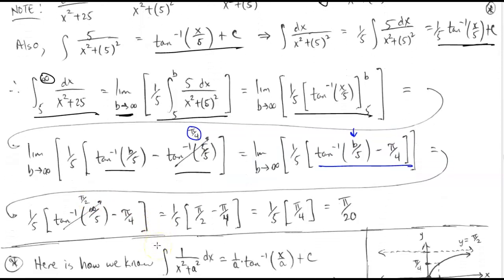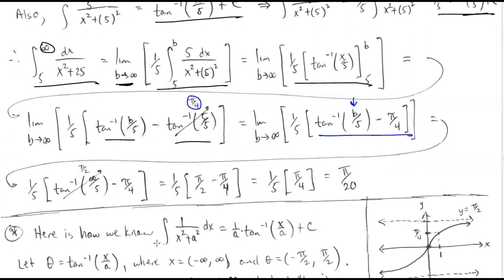So we replace tangent inverse of infinity with pi over 2. We already know tangent inverse of 1 is pi over 4, and we end up getting the answer of pi over 20.